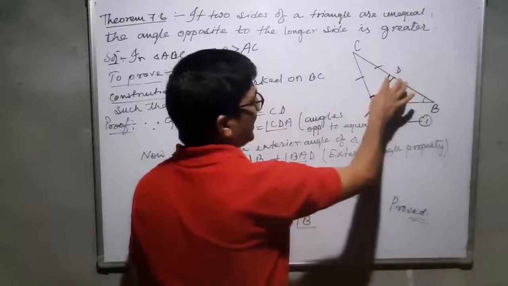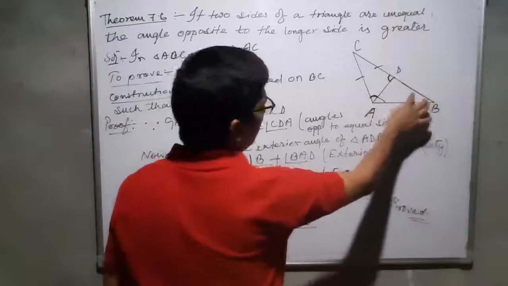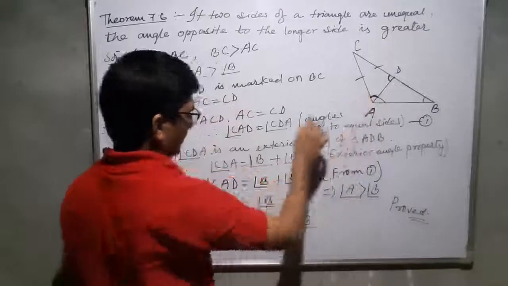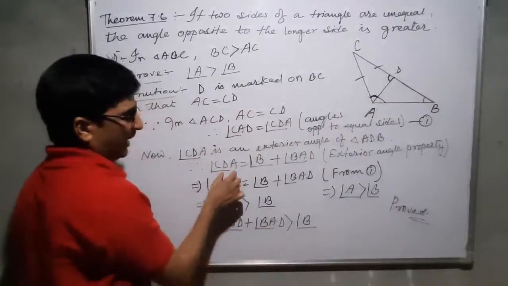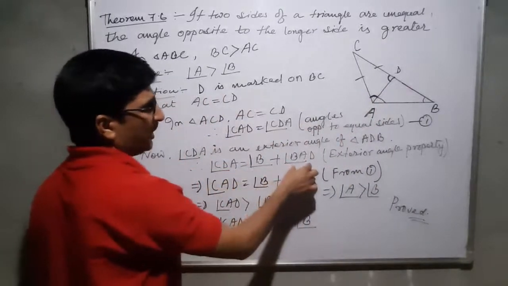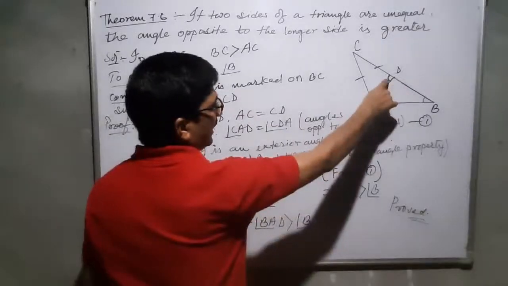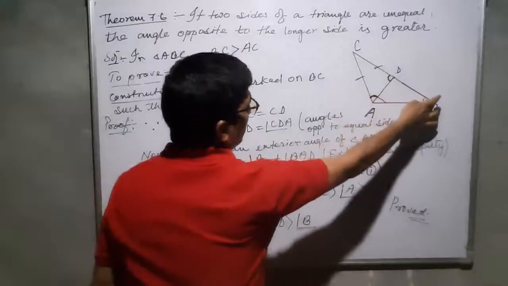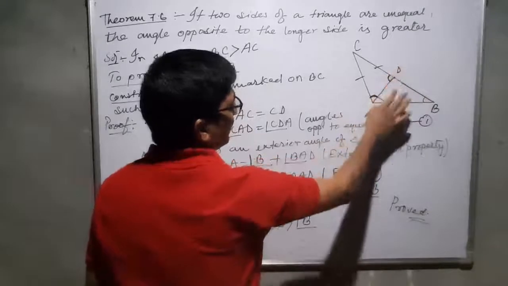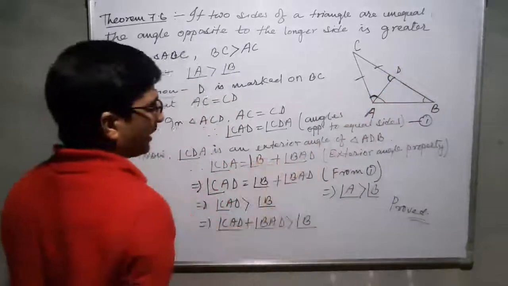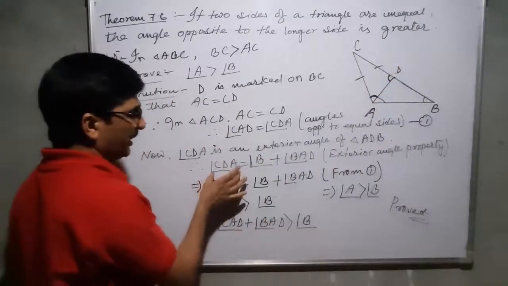That means angle CDA equals angle B plus angle BAD. So angle CDA is equal to angle B plus angle BAD. Clear? Now, in place of CDA, we write CAD.